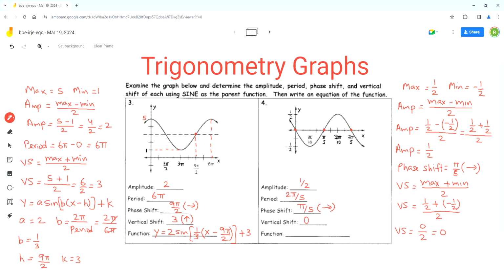And now we can write the equation for this transformed sine function. We'll start with the general equation. The general equation is y equals a sine parentheses b and then x minus h, plus k. In this case, the a value, which is the amplitude, is equal to half.